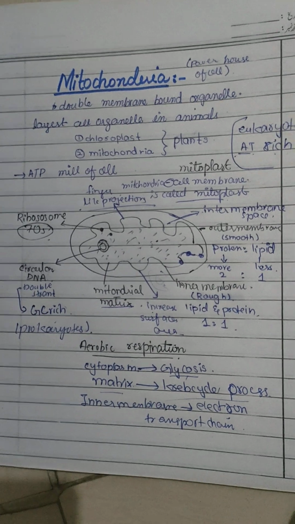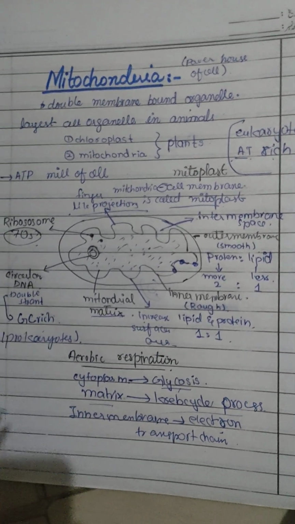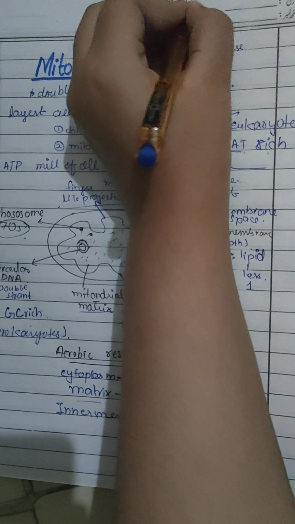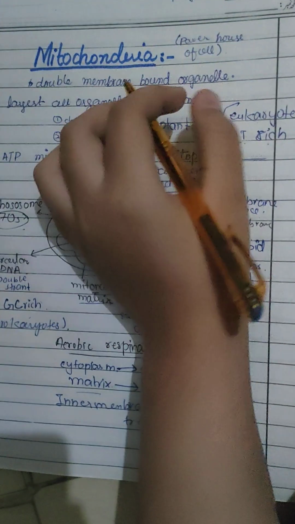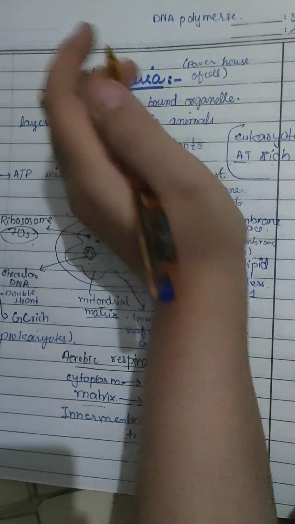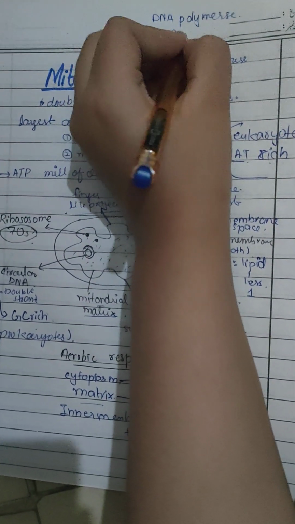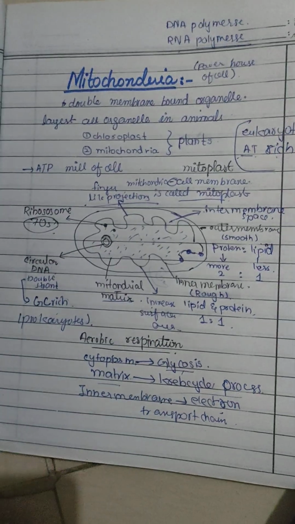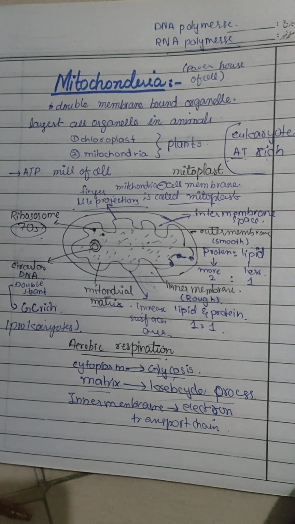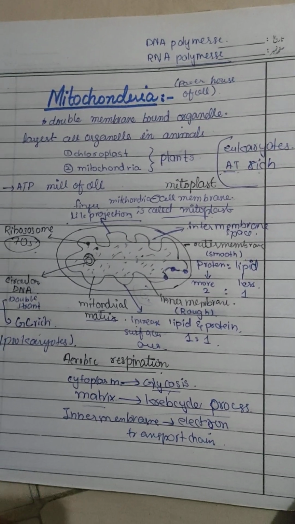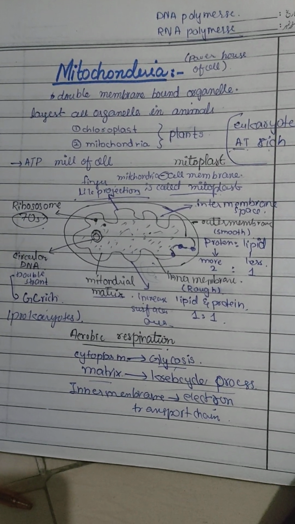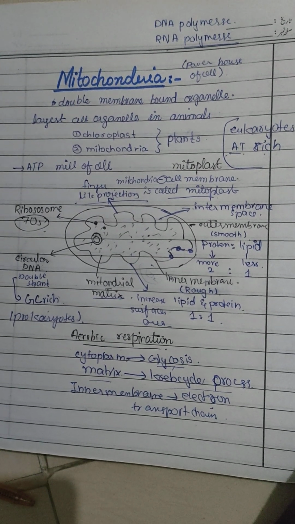Now here one thing let me tell you, the enzyme which is present in DNA replication is DNA polymerase, but the enzyme which is present for RNA synthesis is RNA polymerase. These are the enzymes. Here let me tell you one clear concept, that mitochondria is like the nucleus. This mitochondria has its own DNA, RNA, protein synthesis, replication, all.